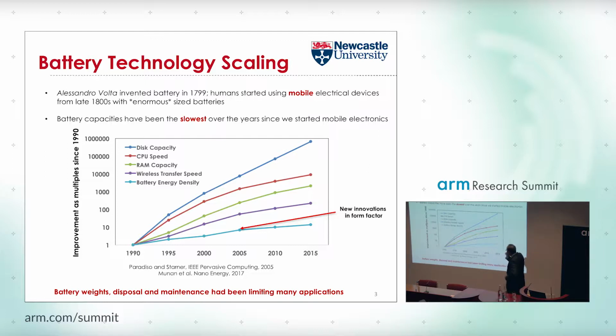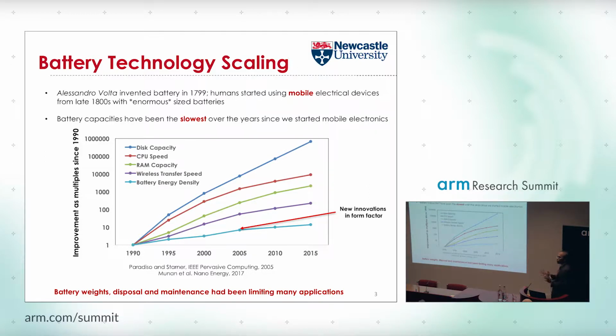Again, the wireless transfer speed, thanks to multiple input and multiple output technologies, we have now seen drastic development in this space as well. The speed has increased by almost 2 orders of magnitude or so. That is brilliant. But one little thing that is staying at the bottom is really the battery technology. In 1799, Alessandro Volta invented batteries.